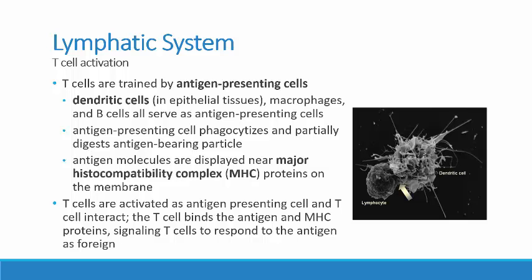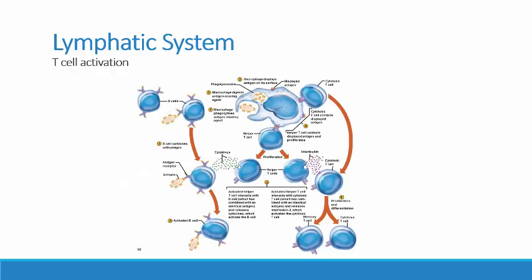And so now we have an activated T cell that will respond only to antigen-bearing particles. So a virus that has that antigen or a bacteria that has that antigen, this T cell is now activated to respond to that.